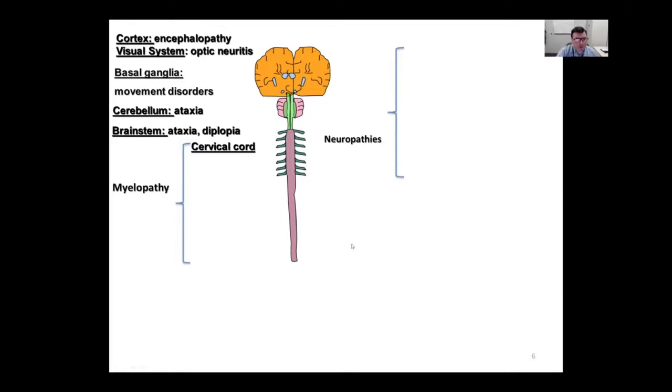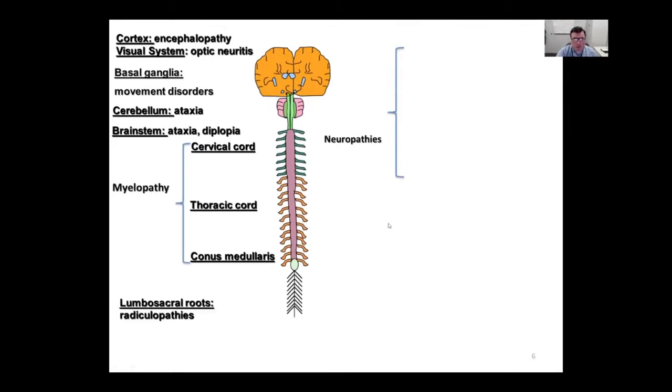We can have movement disorders of one type or another, either hyperkinetic or ataxic disorders. At the brainstem level, also ataxic disorders, double vision, dysphagia, myelopathies, spinal cord dysfunction or myelitis in neuromyelitis optica or MOG autoimmunity.